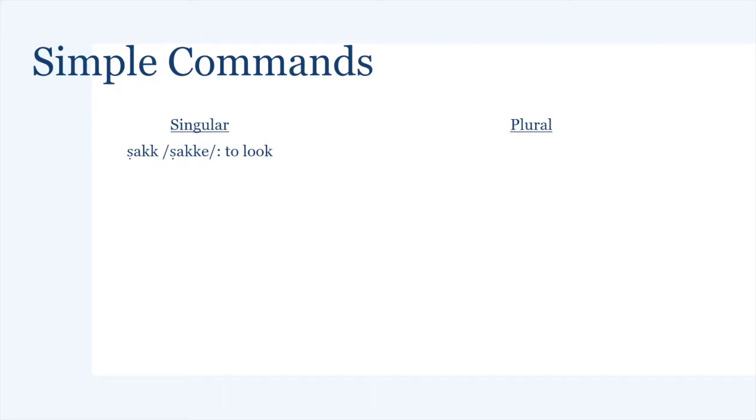Of course, you can see there's a hidden E. The slashes denote the underlying form. So let's see here. If you just want to say look to one person, you say shock. I mean, you can point your finger at something in the sky and say shock, look.